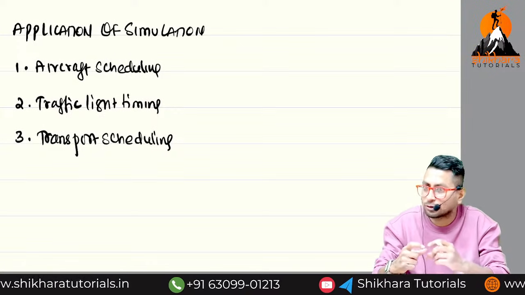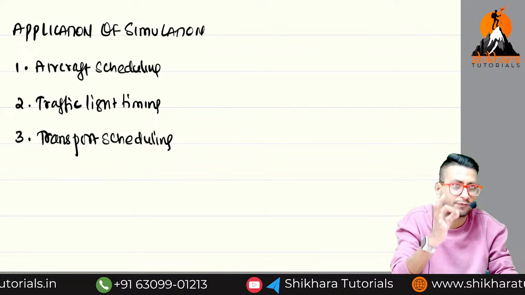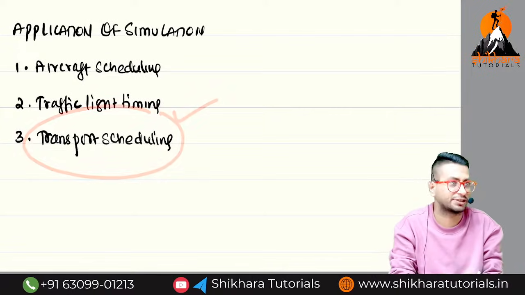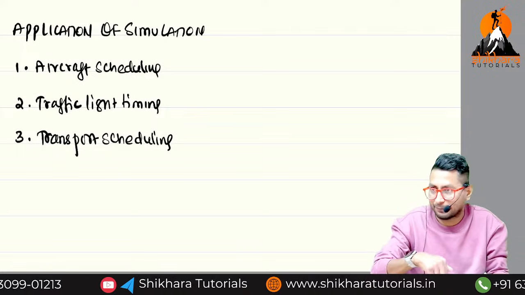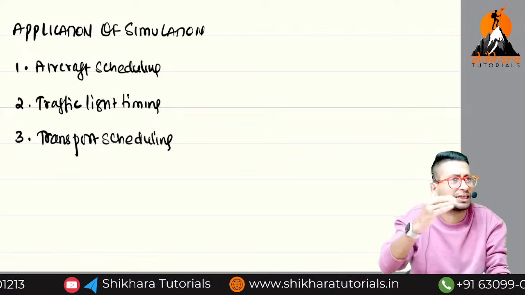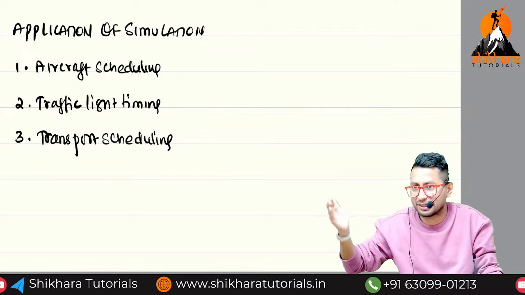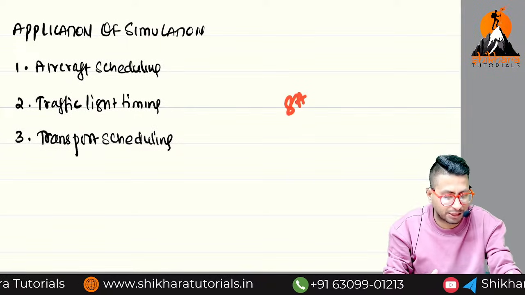Then that rail track planning is a very, very important part of transport scheduling of IRCTC. That is why nowadays trains come on time, delays are very rare. Gone are the days when Indian Railways had a lot of delay, and an 8 AM train would start by 7 PM.